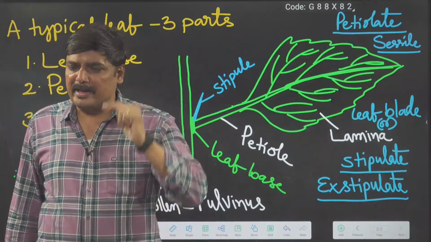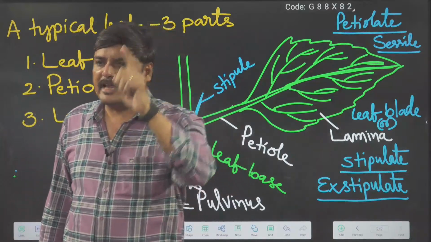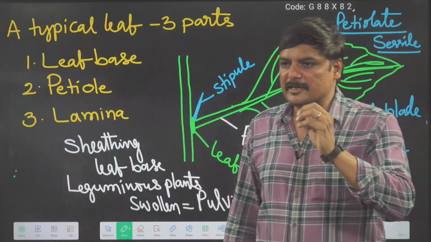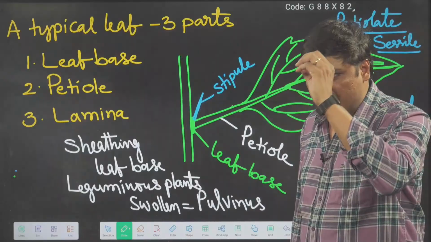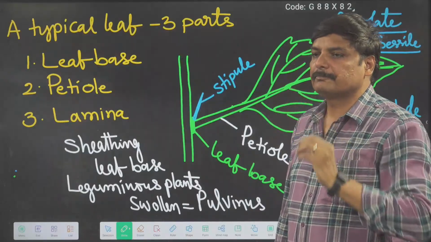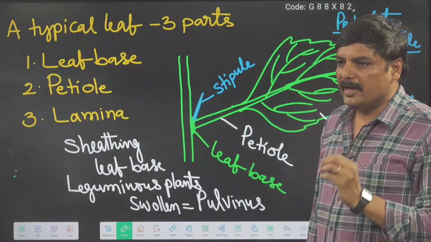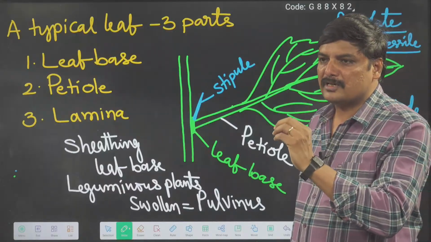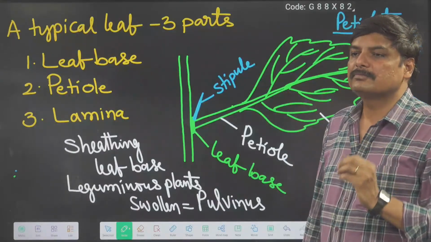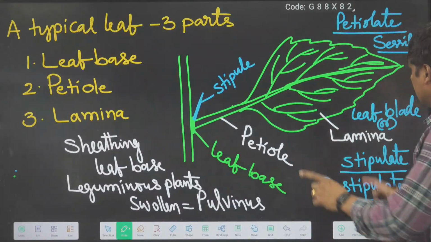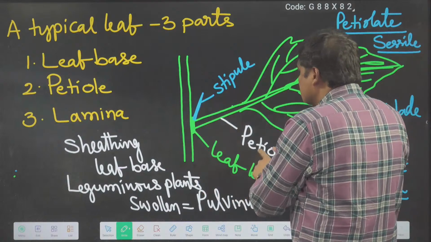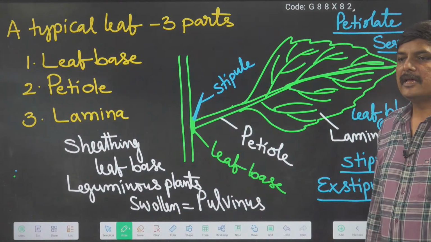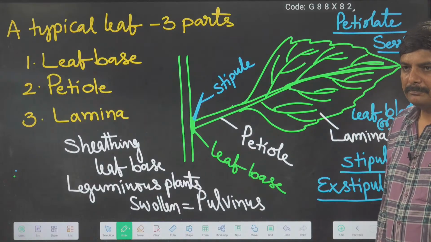Lamina is the main photosynthetic part of the leaf. Leaf blade or leaf lamina is the major photosynthetic part of the leaf. Okay, these are the parts of a typical leaf.